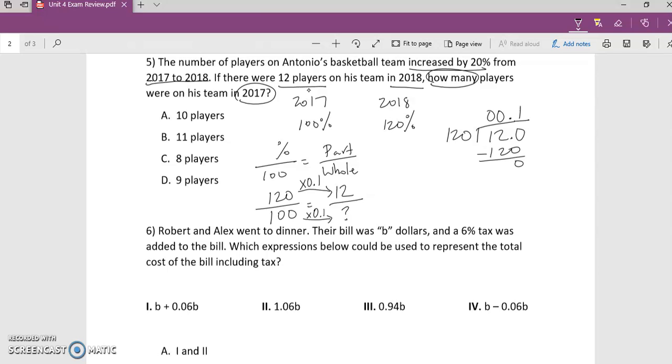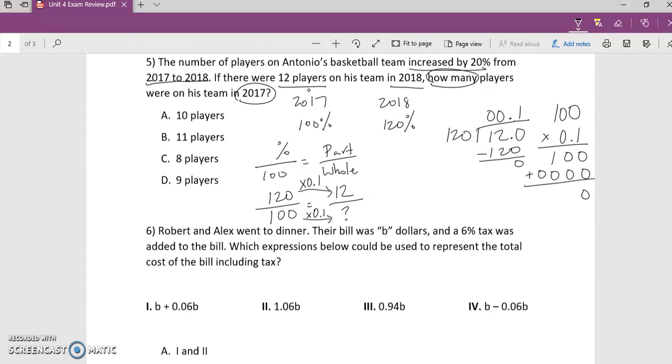Multiply 100 times 0.1, and that'll give me my number. So 100 times 0.1: 1 times 0 is 0, 0 again, and then 1 times 1 is 1. Start the second row with a 0. 0 times 0, 0 times 0 again, 0 times 1.